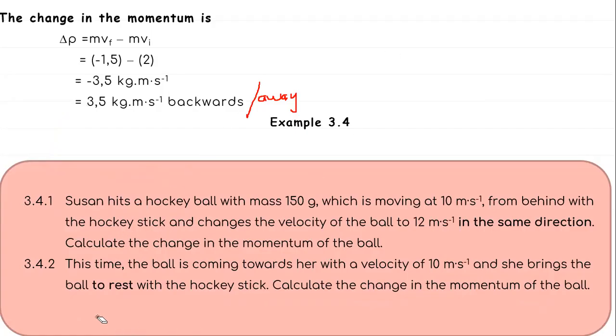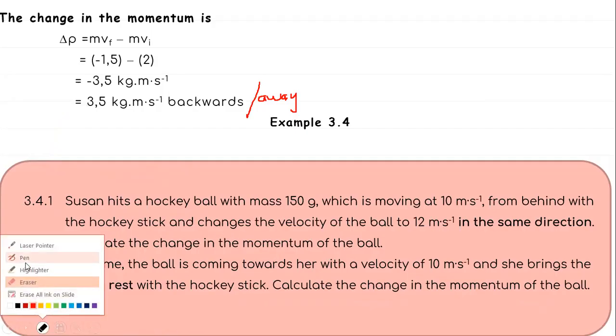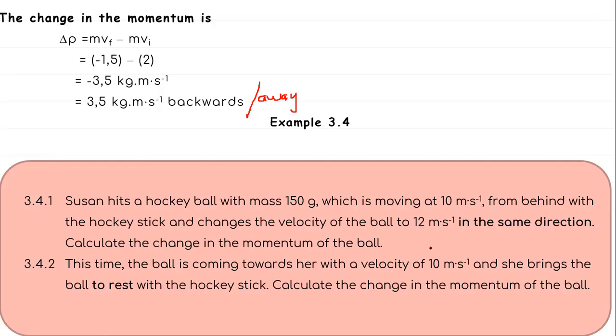Now, Susan hits a hockey ball with a mass of 150 grams, which is moving at 10 meters per second from behind with the hockey stick and changes the velocity of the ball to 12 meters per second in the same direction. Calculate the change in the momentum of the ball.